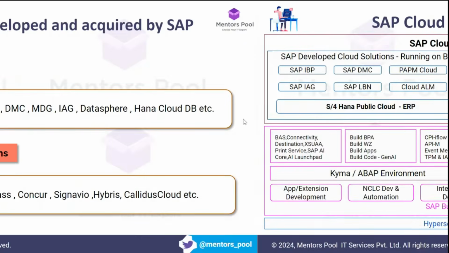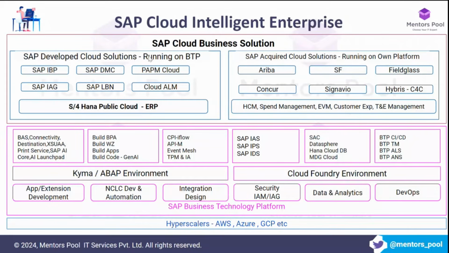This is our complete software as a service, and this BTP platform, this environment, Cloud Foundry, is platform as a service, and it offers a lot of software as a service on top of it for technical purposes. So you have identity access management of this complete platform, and of the technical applications which will be used by developers, integration consultants, and security, and the business solutions which all the employees will use.